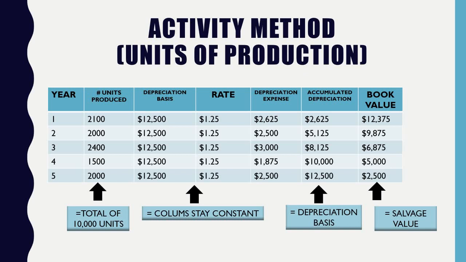Okay? The only difference now is that because of the number of units produced that year, you're going to obviously have a different expense every year. So here I've already done the work for you. This is just plugging in the numbers. And here is one thing that you need to know when you calculate your accumulated depreciation: at the end of the 5th year, your depreciation basis is going to be your accumulated depreciation.